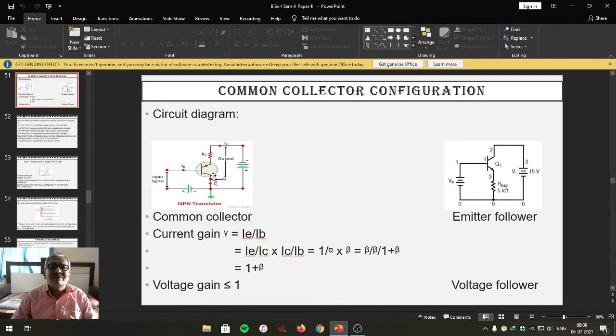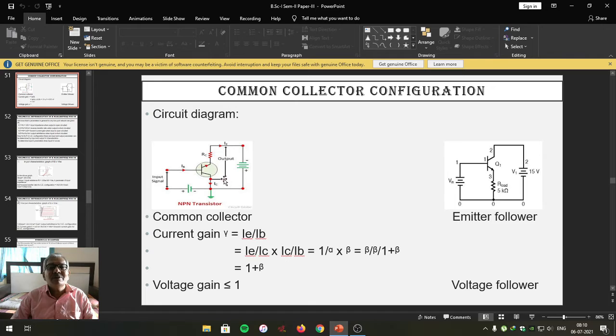This is the base, whereas this one is the collector. If you look at this diagram, collector is grounded. Hence we can say this collector is common for input as well as output. This is the reason why it is called common collector configuration.